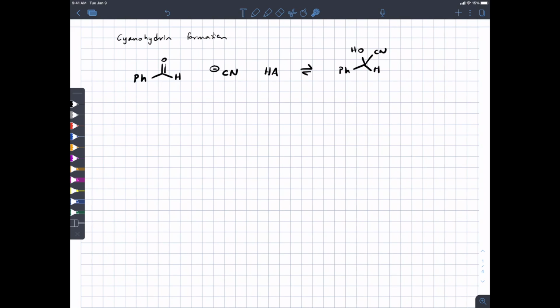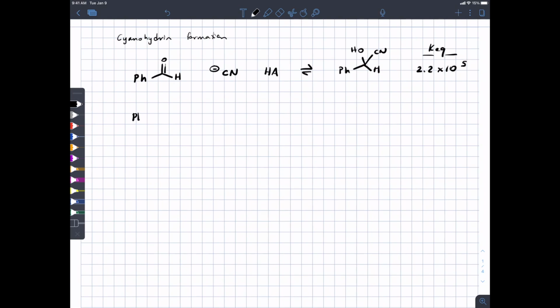I thought there was some data in the text that was interesting. The rate of addition to the aldehyde, or rather the equilibrium constant, I'm sorry, this isn't rate, it's equilibrium constant, because the reaction is an equilibrium. So if you start with benzaldehyde, what is that equilibrium constant? Well, for the aldehyde, it dramatically favors products.